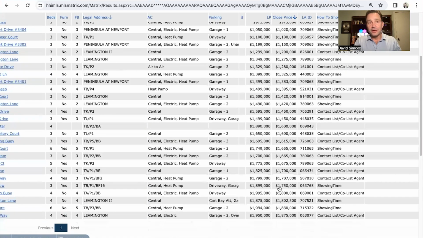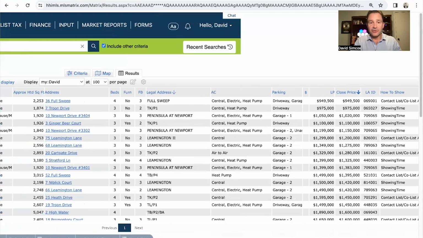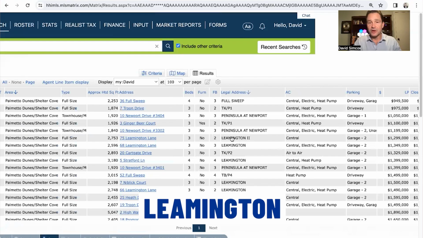So also included in this list is some properties in Leamington, which we talked about earlier. It is a private kind of exclusive little enclave behind its own gate in Palmetto Dunes.